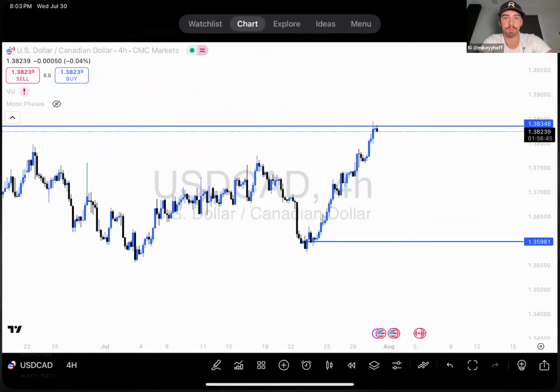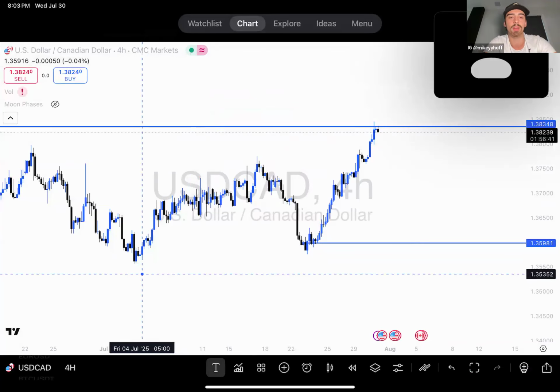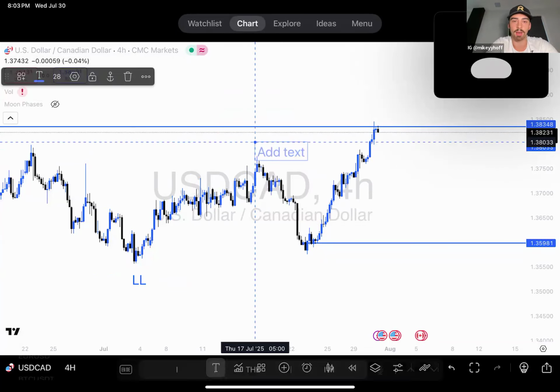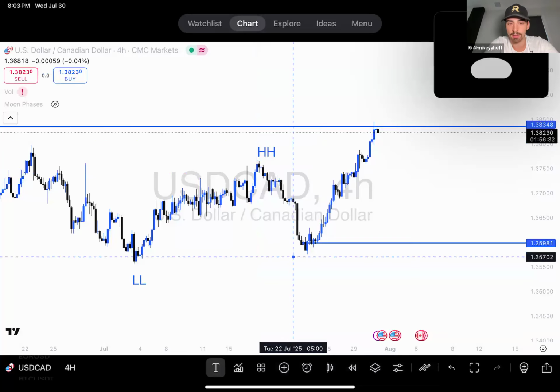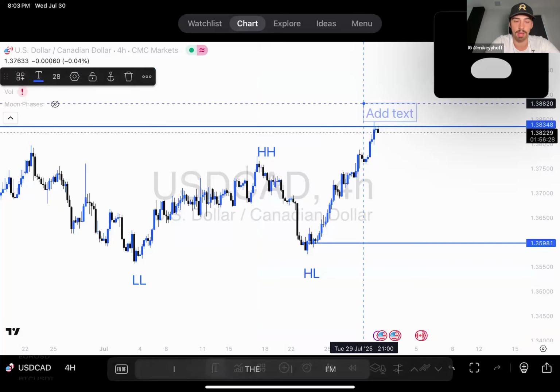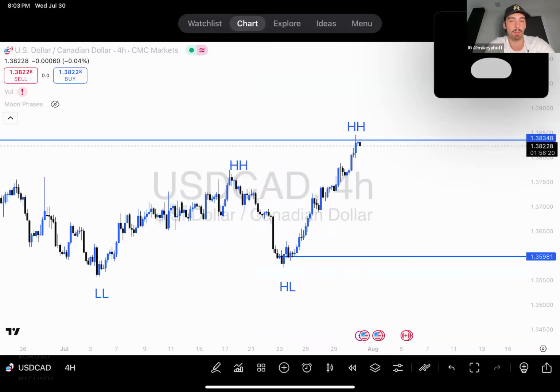Correct. And when you guys are marking up these charts as well, get in the habit of marking up these areas: marking out your lower lows, your higher highs, your higher lows. Right here, we have another higher high. Get into the routine of marking out these things so you can actually see: am I right?